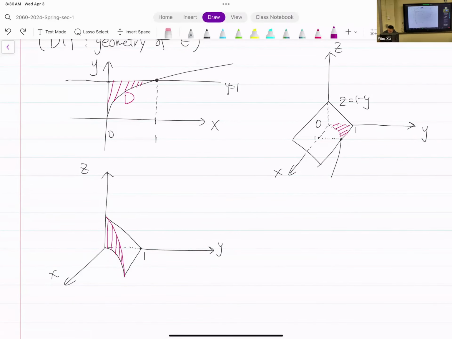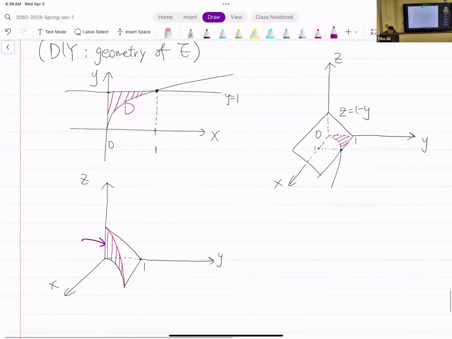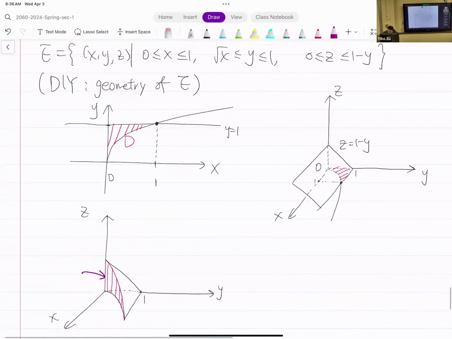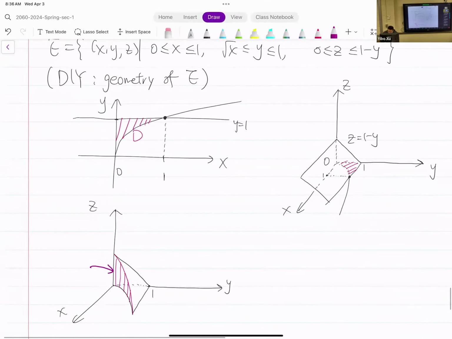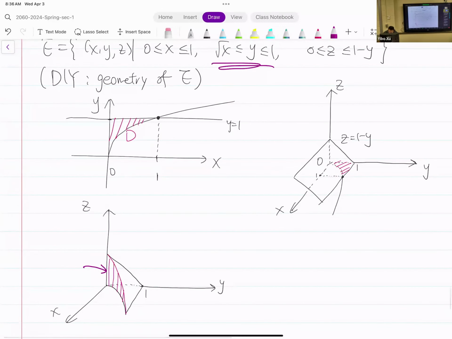Okay, and so basically, the equation of the thing is exactly y equals square root of x. Okay, right here. Or in another way, you can write it as x equals y squared. And here x is non-negative.